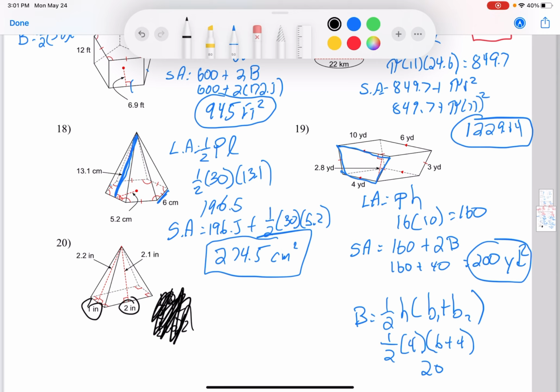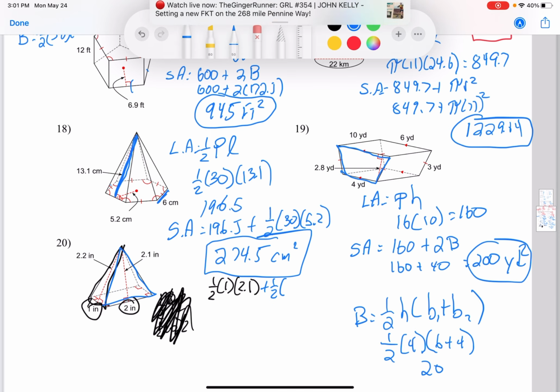So if we take this triangle right here, that's going to be 1/2 of 1 times 2.1. If we take the area of the one I'm outlining in blue, and add that to it, that's 1/2 of 2 times the height of that triangle, which is 2.1.